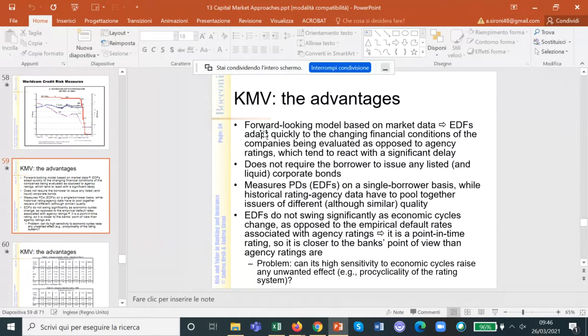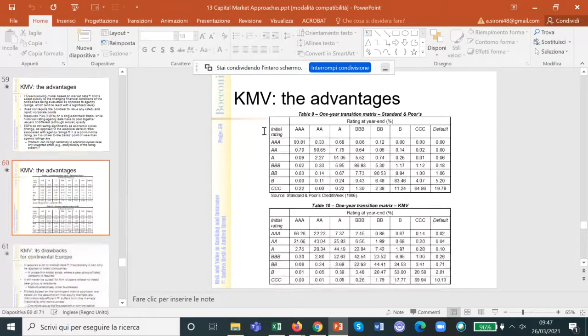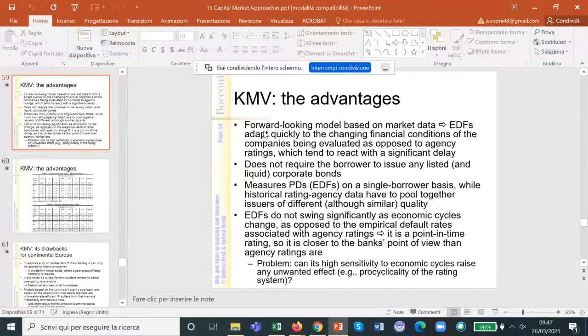They can be used to measure the PD, the EDF, on a single borrower basis, while in the case of, for example, rating agencies, we pool borrowers together for rating grades. And they're relatively stable across economic cycles. I mean, they don't fluctuate a lot. And this is because they are kind of point in time. And let me show you what I mean by that.